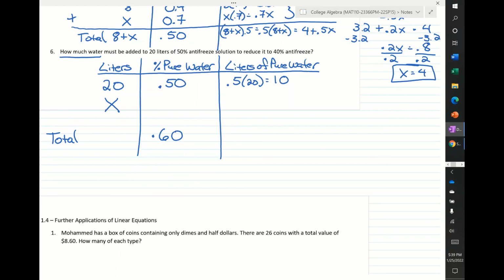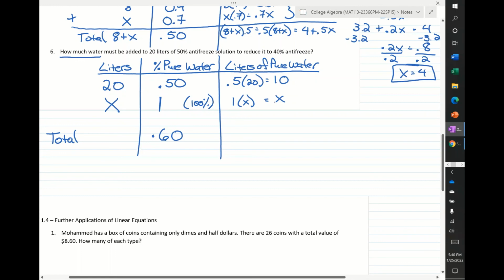Well, what would go in the percent pure water box? If we're pouring in X liters of pure water, what percent of that is water? 100%, right? We're pouring in water to dilute it. So it's 100%, which is just 1. 1 is the decimal equivalent for 100%. So I'm pouring in 100% pure water to dilute it. The liters of pure water would just be 1 times X.